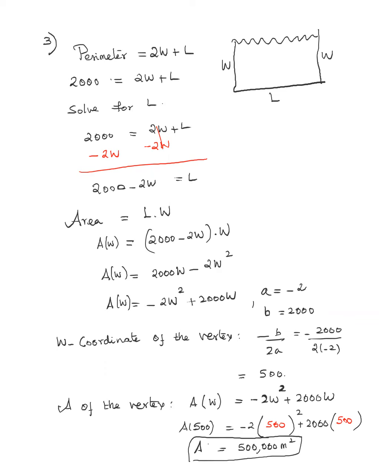So now we got the w, now we have to get the l. To solve for l, we are going to use the perimeter, 2w plus l. w is 500, so we get 2000 equals 1000 plus l.